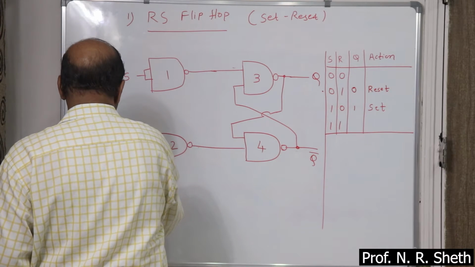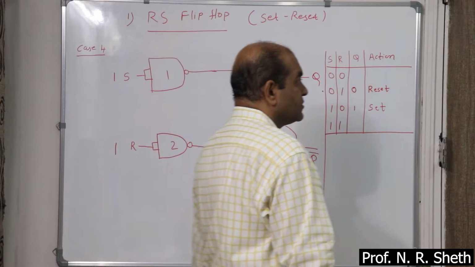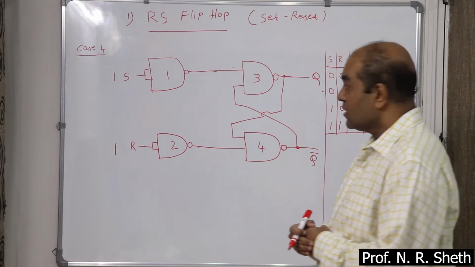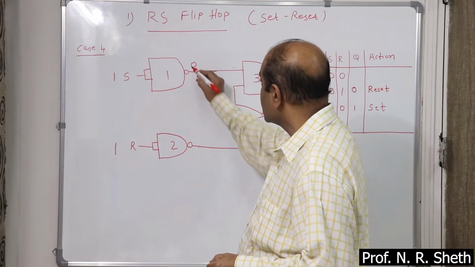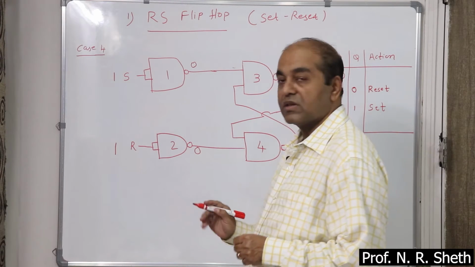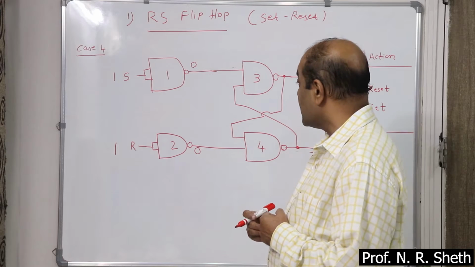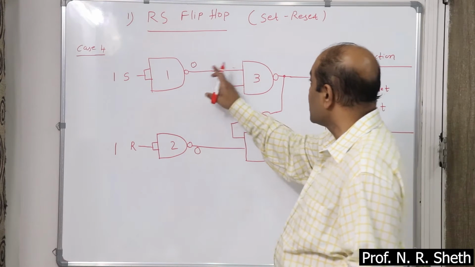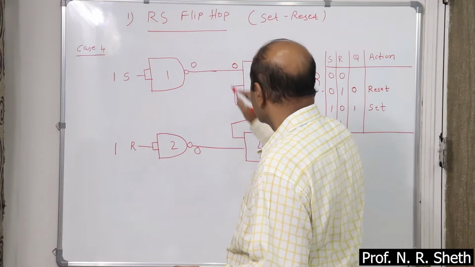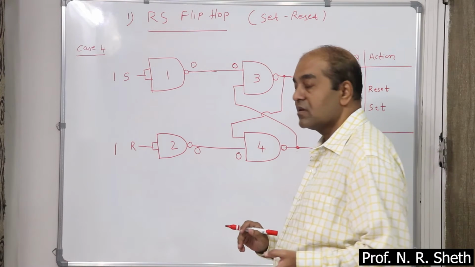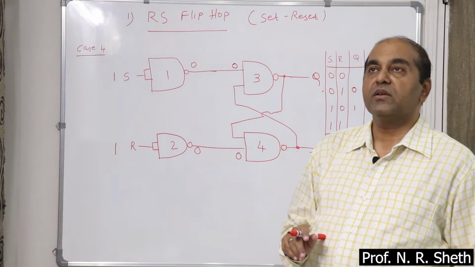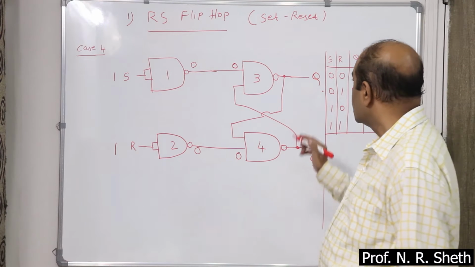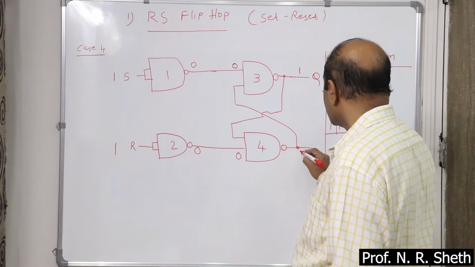S is 1, R is 1. This is 0, this is also 0. Gates number 1 and 2 work as NOT gate inverters. 0 comes here, and in a NAND gate, when any input is 0, output is 1. So Q is 1, Q bar is 1.